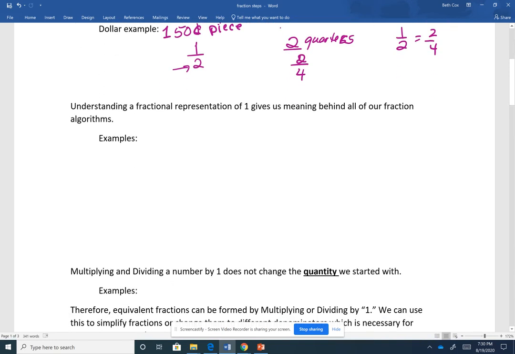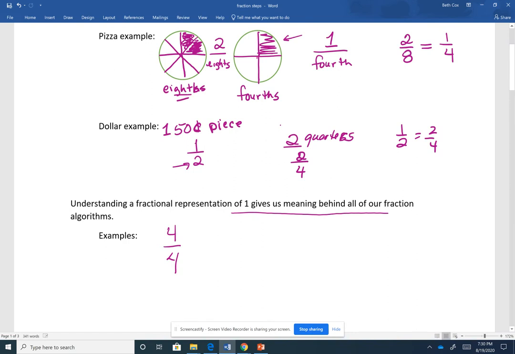So now this is the understanding of fraction representation of 1, which gives us meaning behind all our fraction algorithms. If I have 4 slices of that fourths pizza, I have 1 whole pizza. Or if I have 8 slices of that pizza, I have 1 whole pizza.